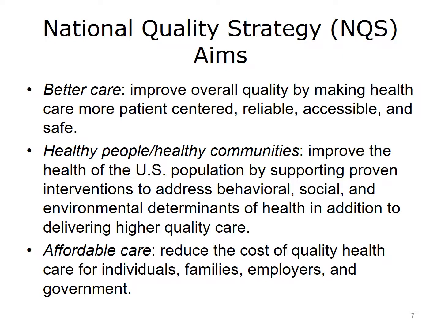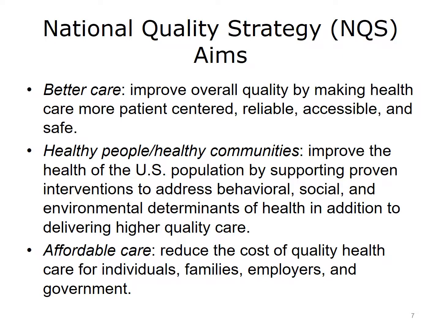Based on this input, the NQS established a set of 3 overarching aims that build on the Institute for Healthcare Improvement's triple aim. These aims are consistent with and supportive of Health and Human Services, HHS, delivery system reform initiatives to achieve better care, smarter spending, and healthier people through incentives, information, and the way care is delivered.